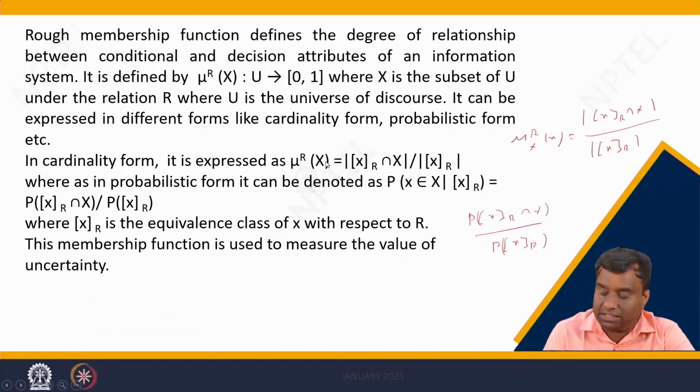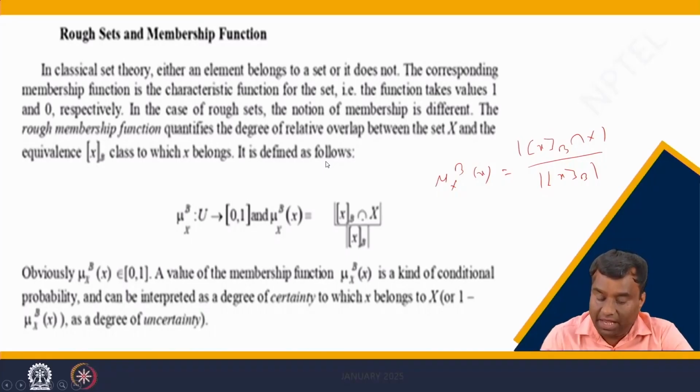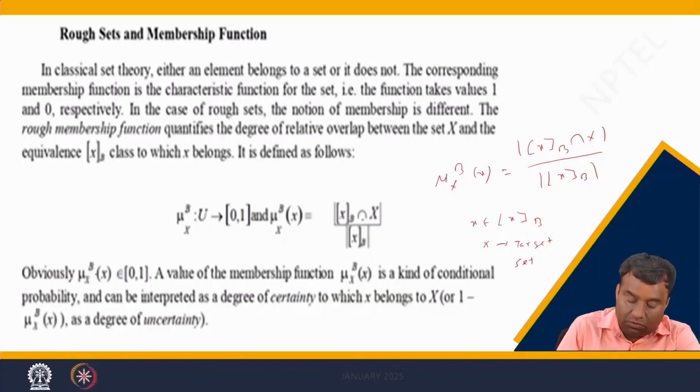It is defined as follows: mu_X^B(x) is equal to the cardinal number of the set XB intersection X divided by the cardinal number of XB, where XB is the equivalence class to which x belongs and X is the target set. So obviously this value lies between 0 and 1.